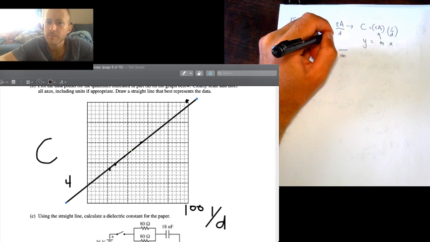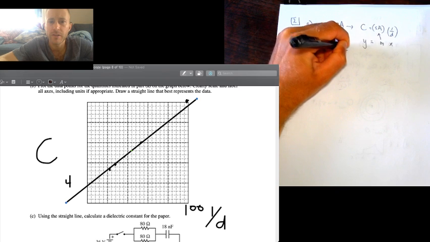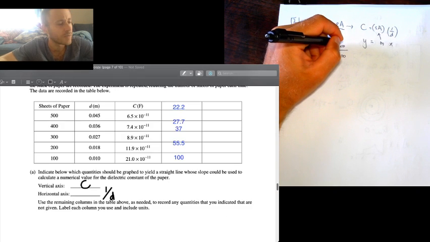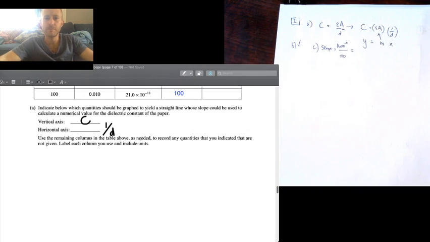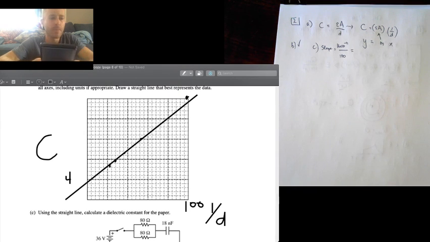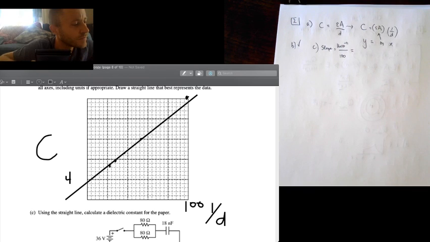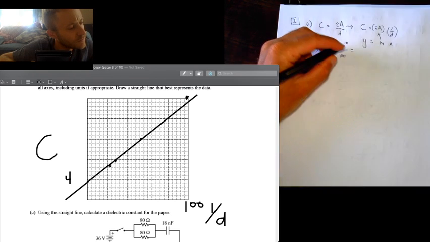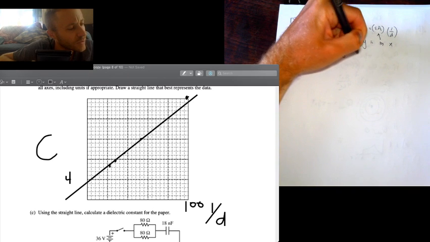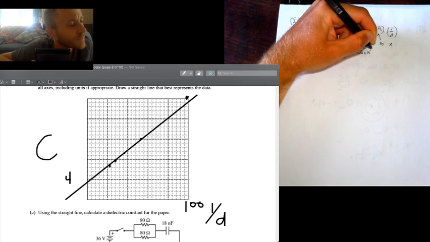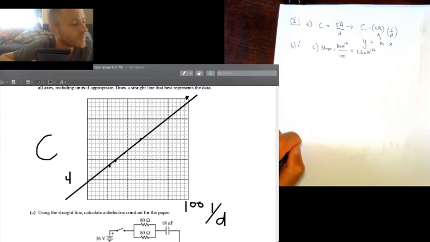So that would be 16 times 10 to the minus 11. So my slope is going to be 1.6 times 10 to the negative 12. And that equals epsilon times the area.